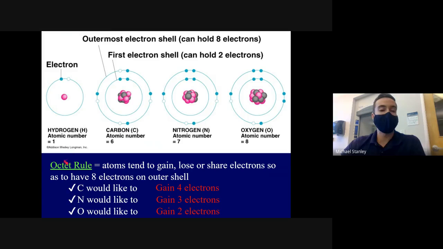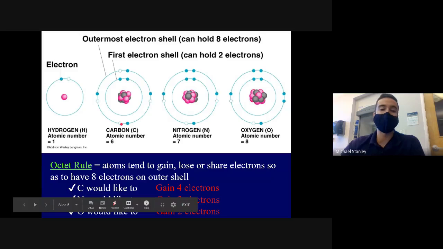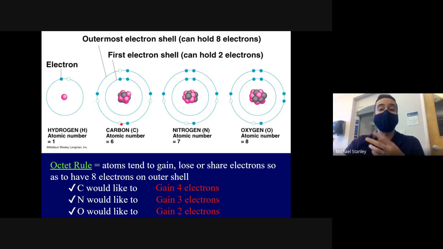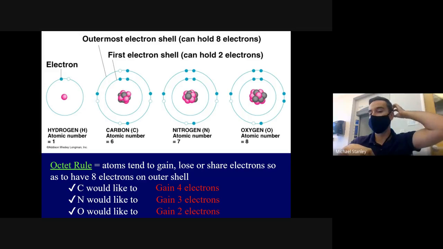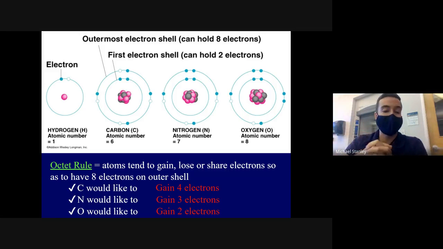So the Octet Rule is just a way of saying atoms want to have 8 electrons on their outer shell. So when they react and form bonds with other atoms, they're going to do so in a way that gets them to that 8 electron number. So in the case of these 3 atoms, they want to gain electrons in order to fill up their second shell.